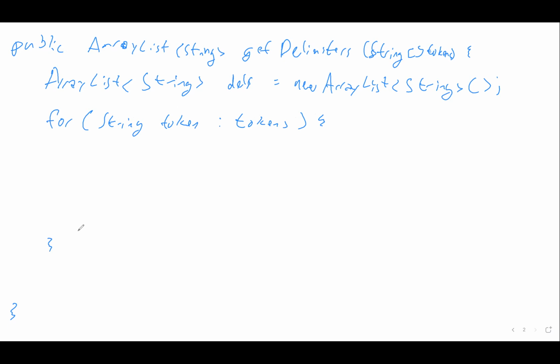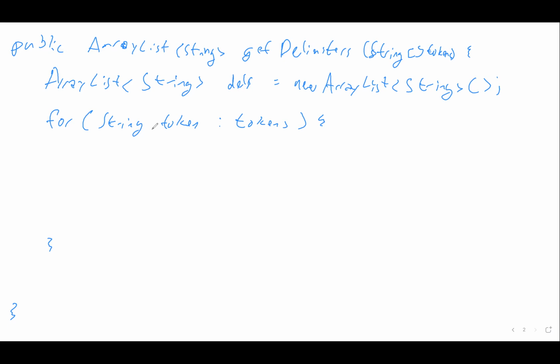I'm creating my iterator variable, so the type needs to match the type of the collection. Each individual element is a string, and token is going to have the value of each of the individual tokens one at a time.